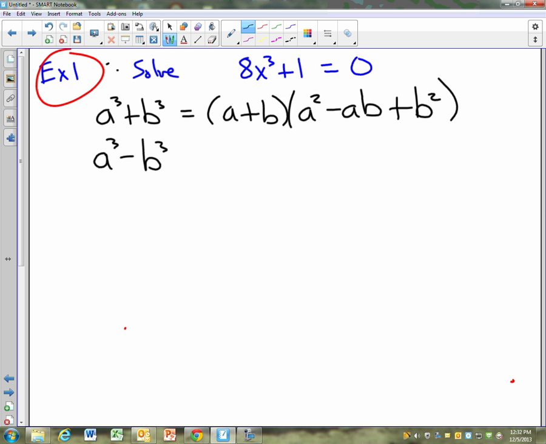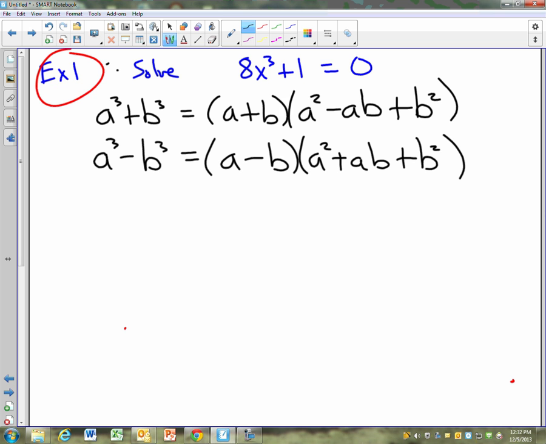If you have a^3 - b^3, that's (a - b)(a^2 + ab + b^2). So that's the sum and difference of cubes.